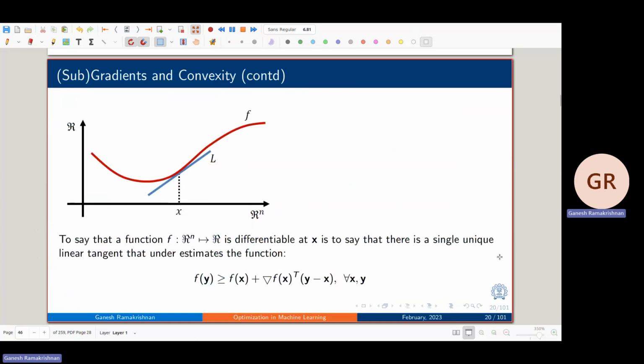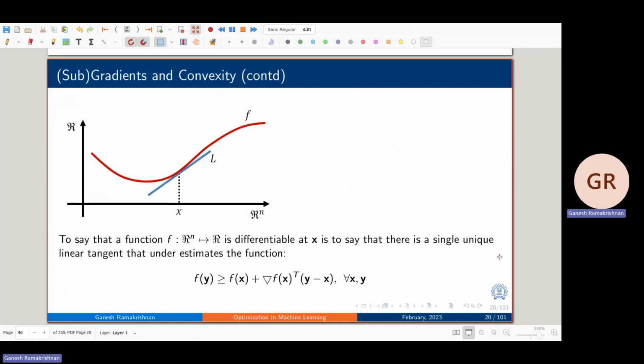Okay. Now we go to the next important topic. We'll just get started. All this is fine when the function is differentiable. So curvature, Hessian, all that is okay when you have a double differentiable function. But what if the derivative itself doesn't exist? Can I replace our friend here, the gradient, with something that looks like a gradient?